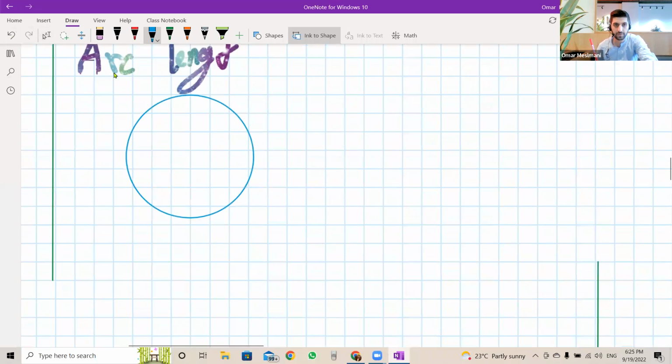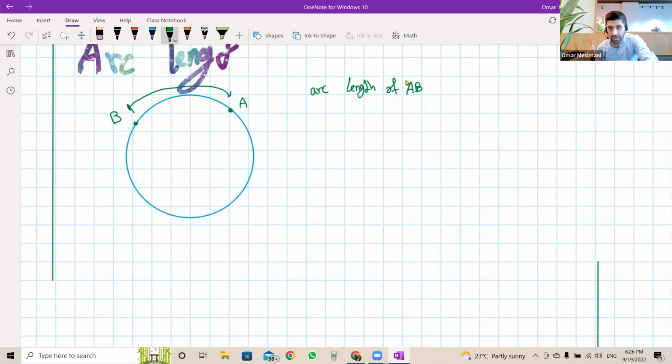Let's say I have a point A and a point B, and I want to calculate the arc length of AB. By the way, once I mention an arc, I will draw a curve above it. It means that I have an arc.